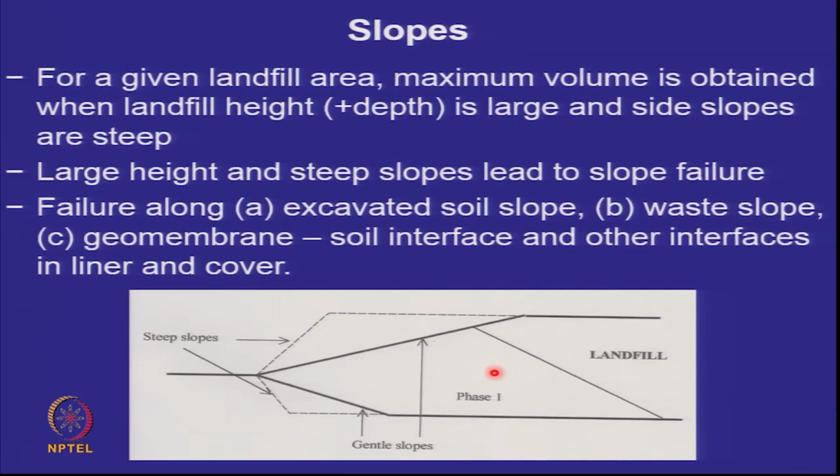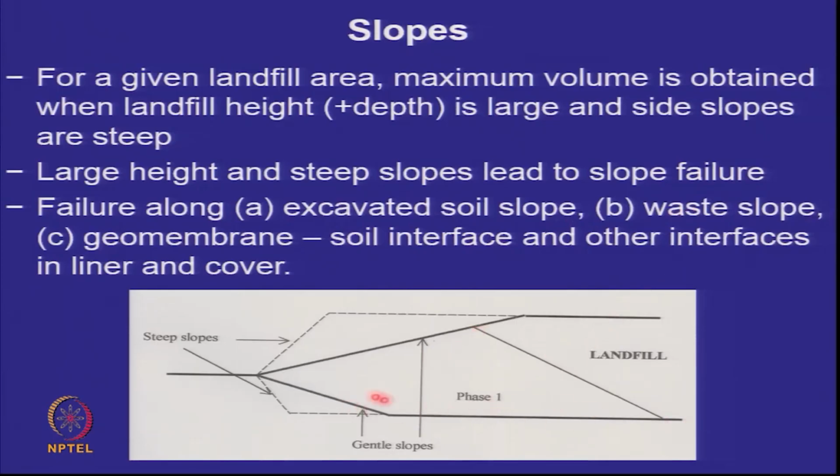But what have we learned over the past tens of years when we have been constructing landfills? Failures can occur along the excavated soil slope. So if this is the excavated soil slope, it is possible that failure will occur if you don't make the cut at an inclination which is stable. Failure can occur along the waste slope. Now, what is a waste slope?